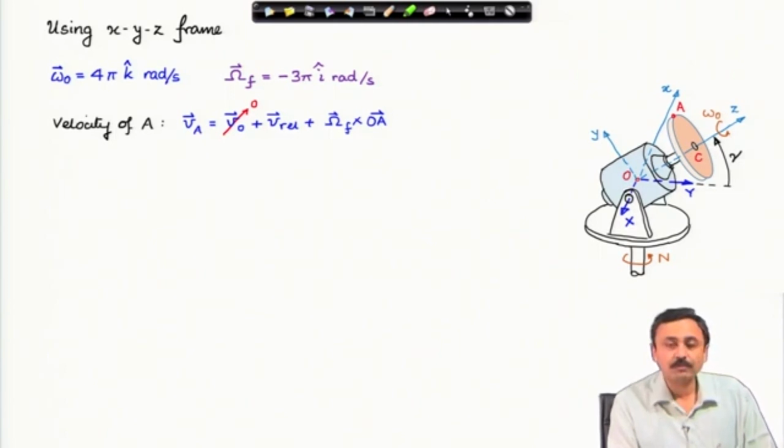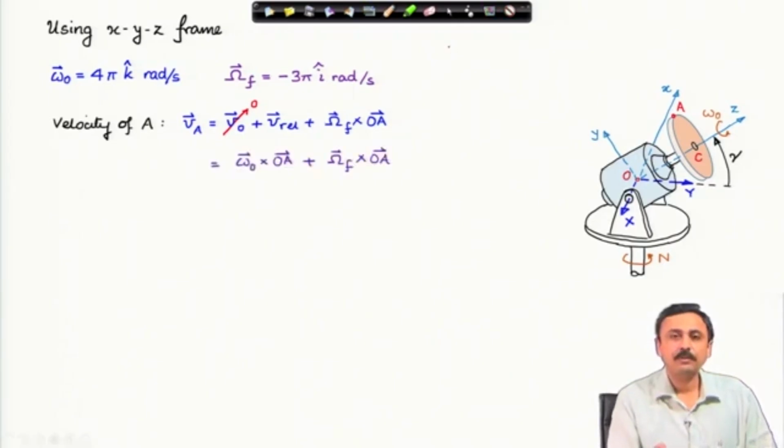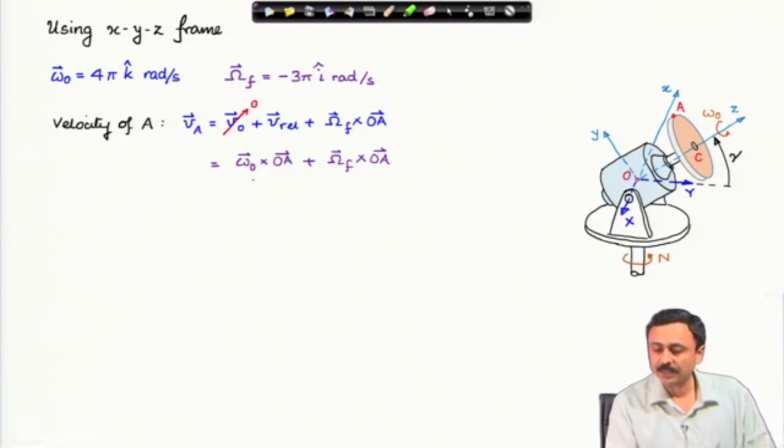Now, let us talk about the velocity of point A, which is the second part of the problem. We have to find the velocity of point A and the acceleration of point A. The velocity of point A I can express in terms of a convenient point, which is O. Velocity of point A is velocity of O plus V rel plus omega frame cross OA. Now I just write down these vectors in terms of what is given. V rel is because of the spin of the disk, therefore it is omega naught vector cross OA, plus omega f cross OA.